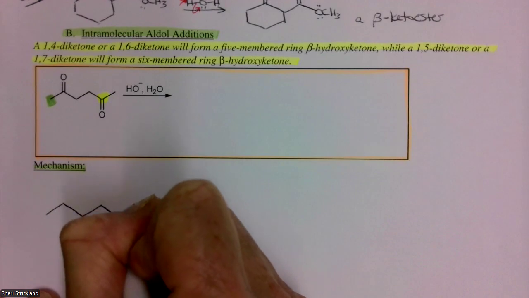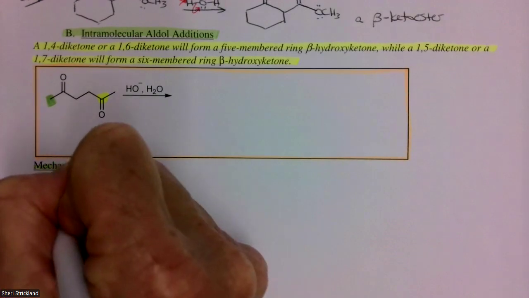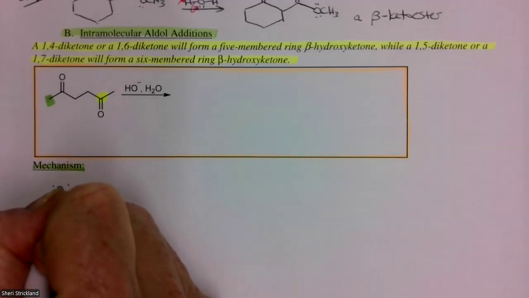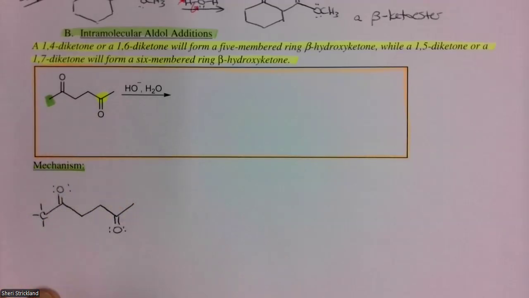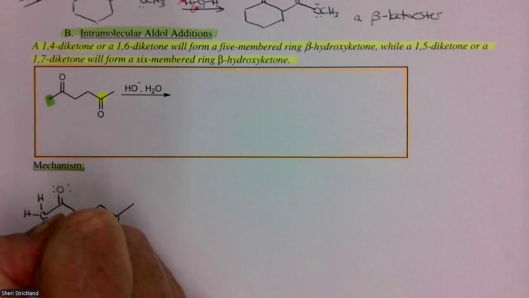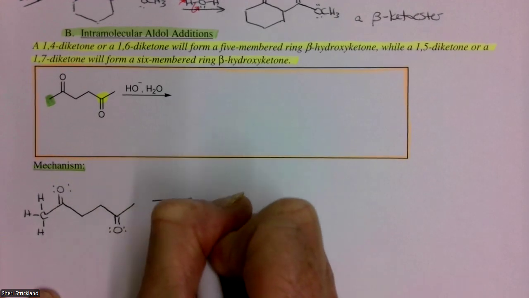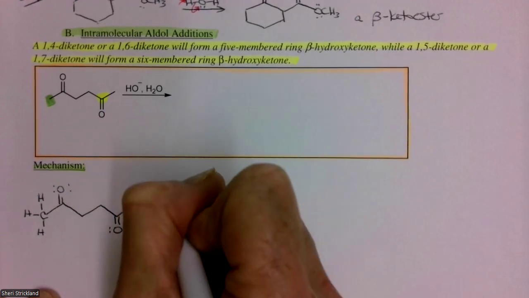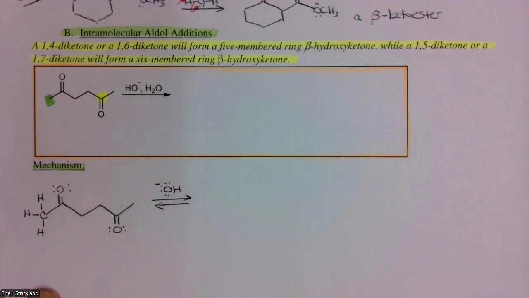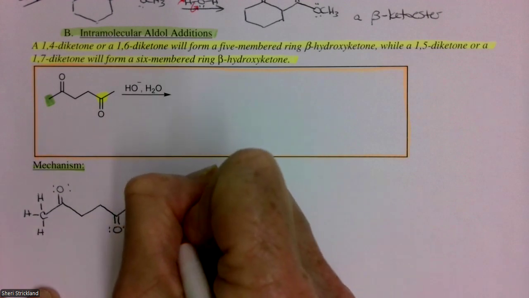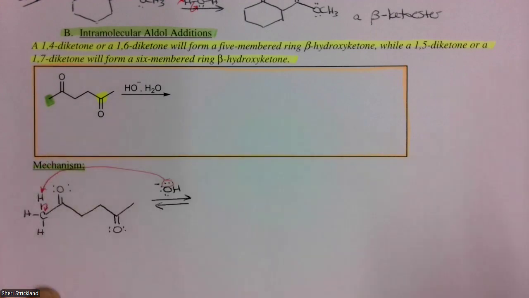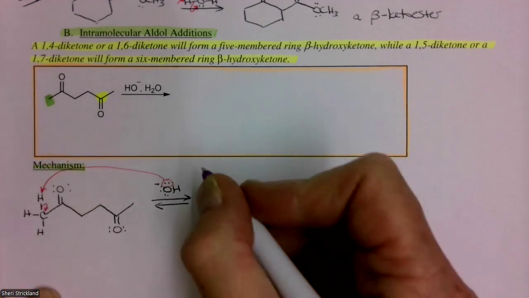All right, so we'll just set up our starting compound. And I'm going to draw in the carbon and the hydrogens so that we can do our deprotonation. We're going to use hydroxide instead of alkoxide, because this is aqueous base. We're going to form the enolate ion on that carbon.